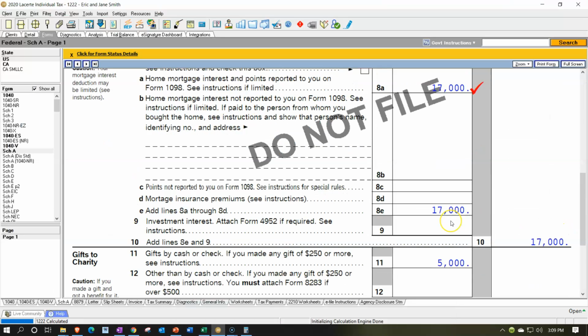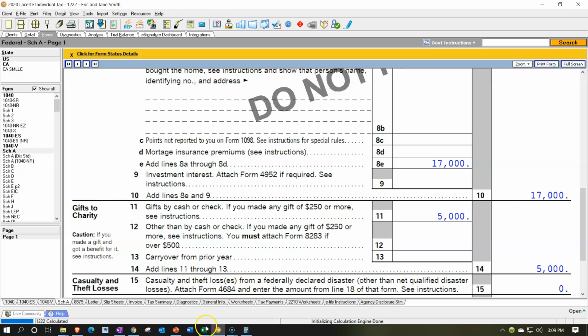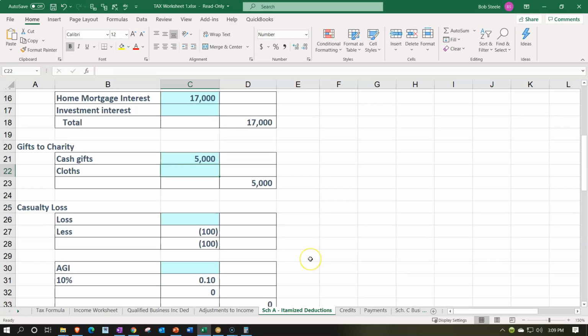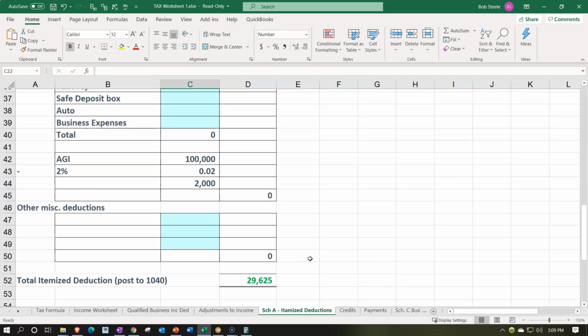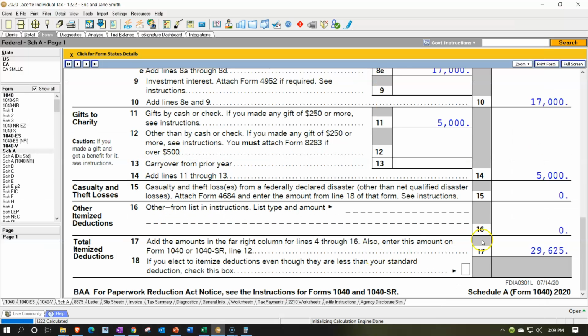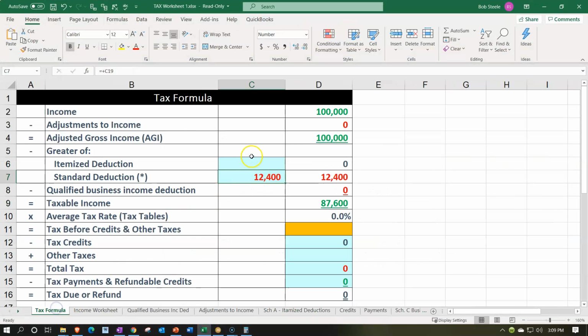And then the charity, again, I would double check by entering it here from the source document, not from the tax return. I'm going to say 5,000 here, and that's going to add up to our total of the 29,625. Then when I pull it over, it's going to be in this line.